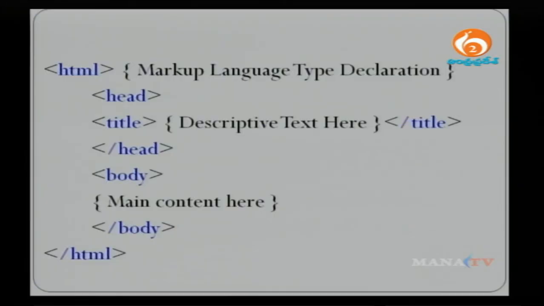Here you can see some syntax we have displayed. So HTML, what is it exactly? HTML is the declaration for the HTML program, and you can see the head as well as the title. Here we can mention some title names, which we can see as titles of web pages, like Gmail, Google, all those things.